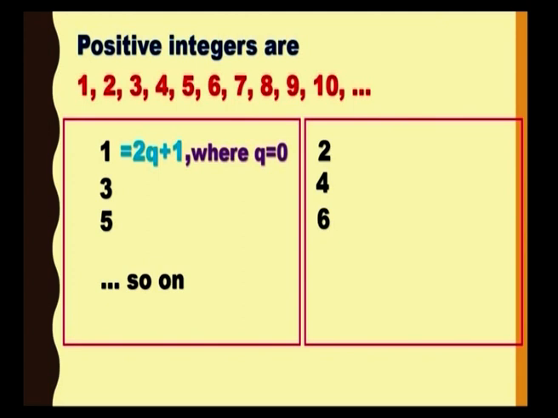If I substitute q equal to 0 in 2q plus 1, 2 into 0 is 0, plus 1 gives 1. And 2 I can write as 2q, where q is equal to 1.